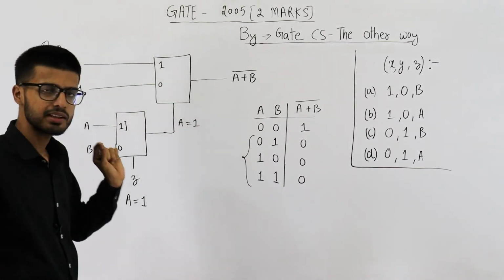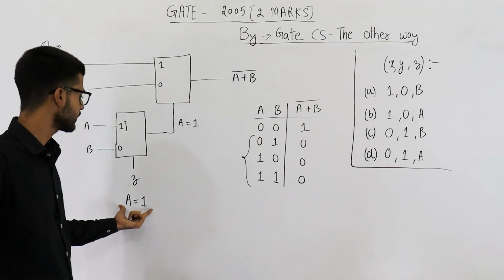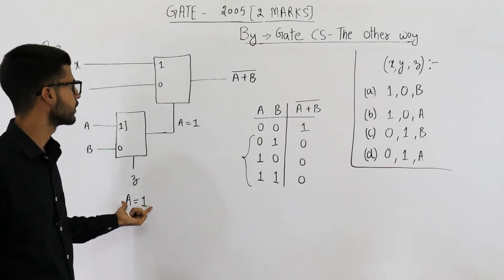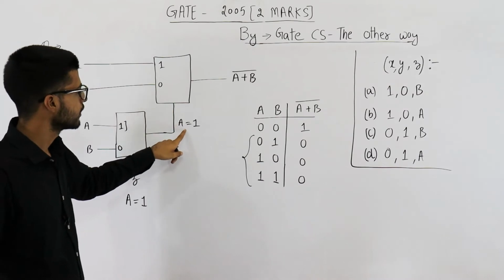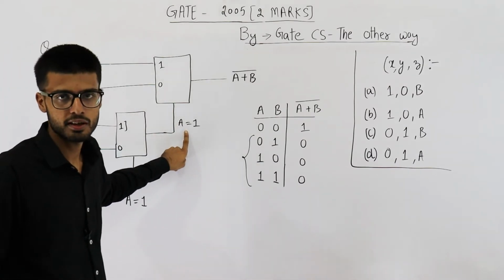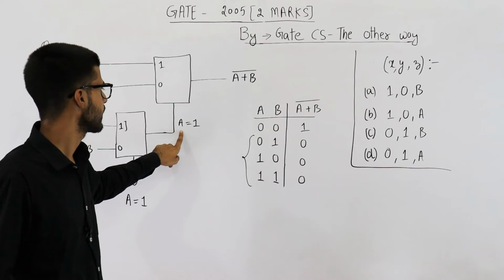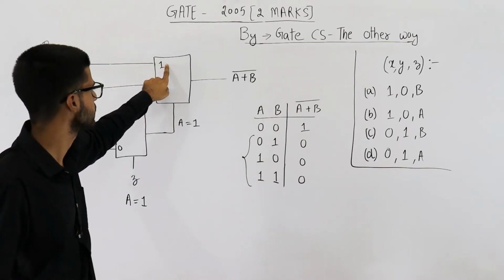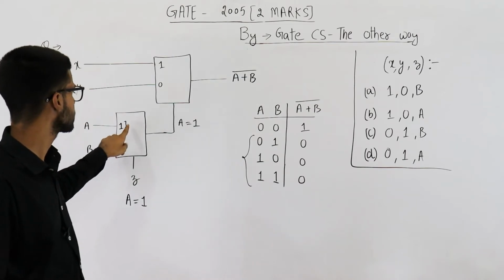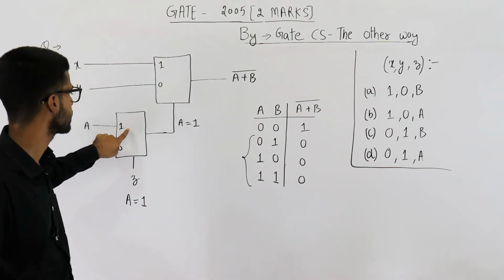That means when you connect A here and A is 1, this multiplexer will also get 1 as the select line. Now, they have mentioned in the question that whenever the select line is 1, the upper input will be selected as the output. That means this one. In this case also this one. It is the upper input.